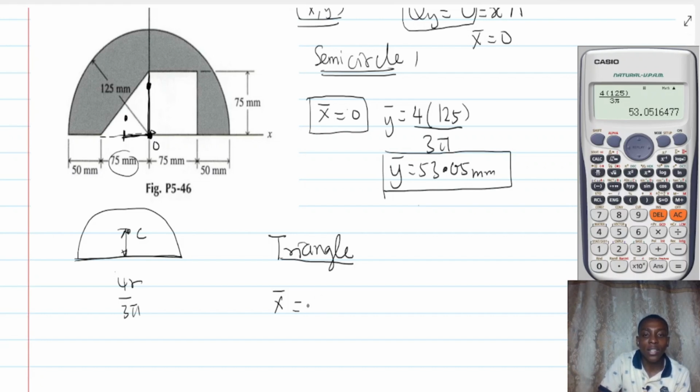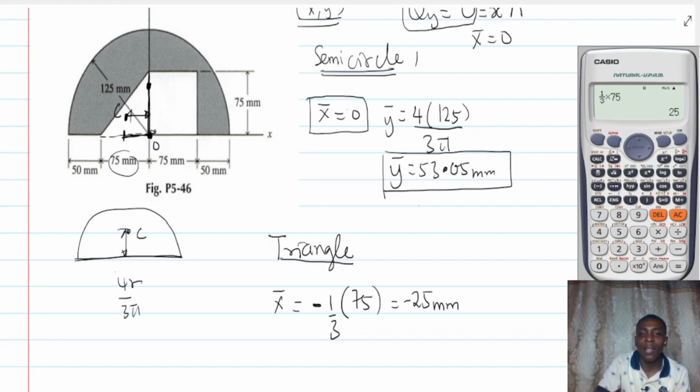Now don't forget that it's actually in the negative area, so 1/3 of 75, which is 25. So minus 25 millimeters. And that is to say that the centroid of the triangle is located along the x at a distance of minus 25.